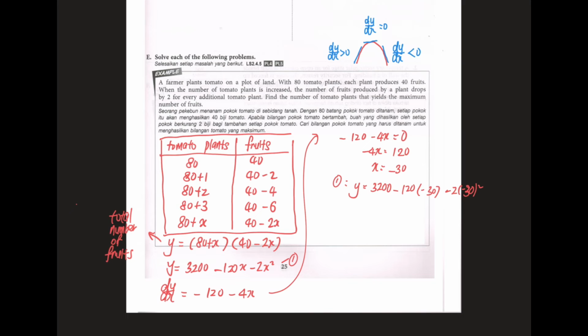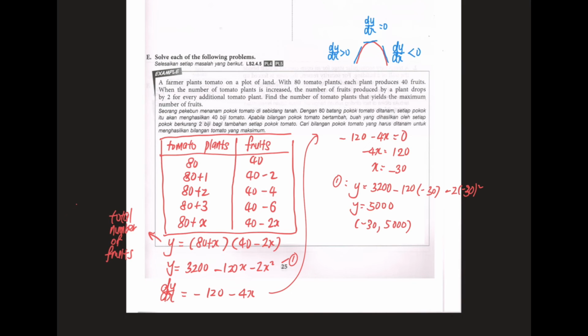Okay, so we count this, and we get 5,000. So that means 5,000 is the maximum number of fruits. So our stationary point is (minus 30, 5,000).